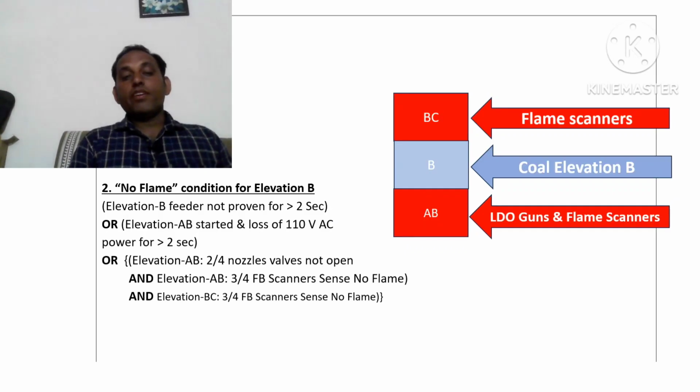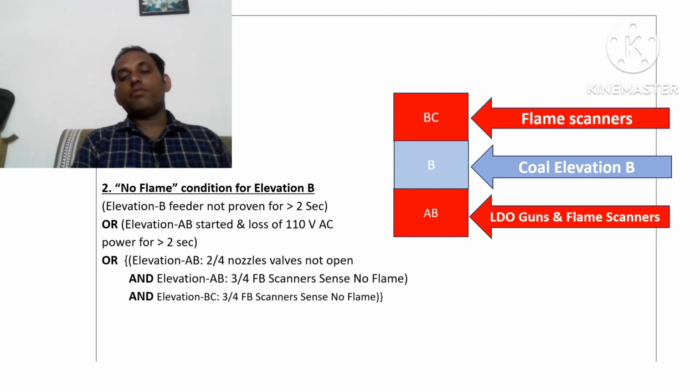Now the no flame conditions for elevation B. Elevation B is mounted between elevations AB and BC, so the scanners mounted at both elevations also contribute in this logic. The first condition is elevation B feeder not proven for more than 2 seconds.